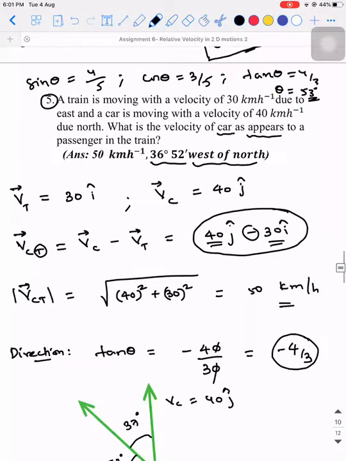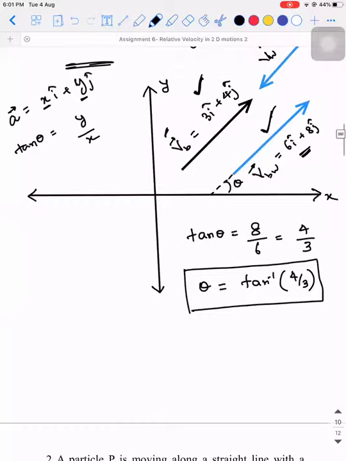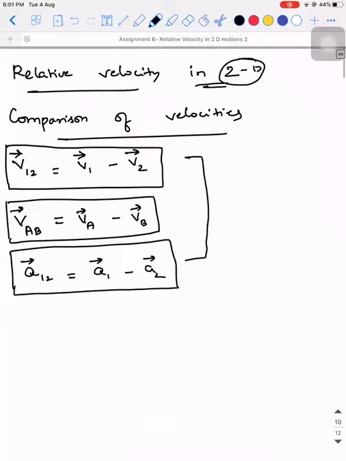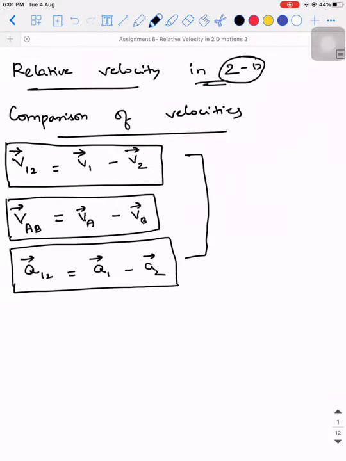Motion in 1 dimension and 2 dimension. Sir, will it include relative velocity also? Yes, that is there, that is 2-dimensional. Completely end to end, whatever I taught. The full lesson, motion in a plane.